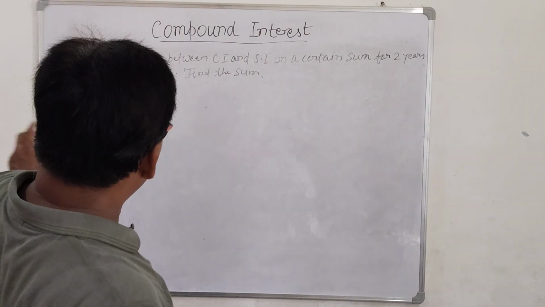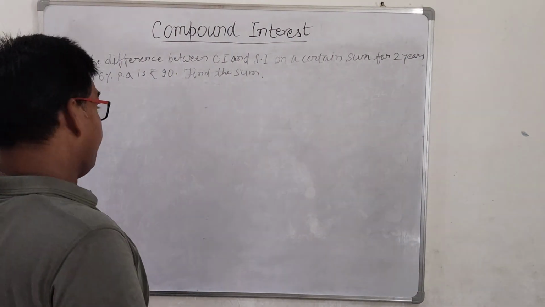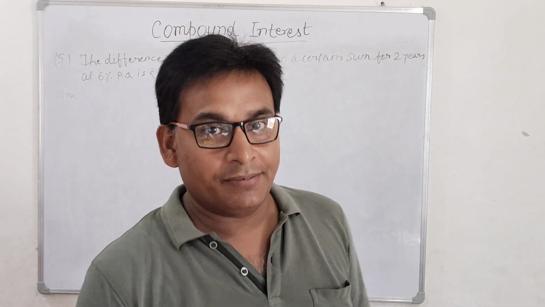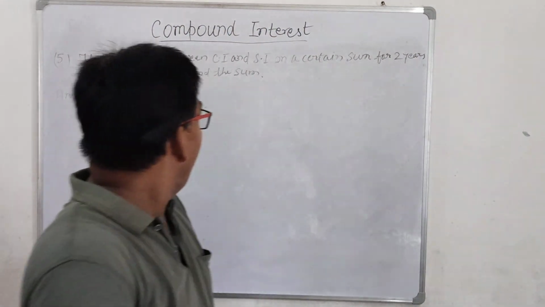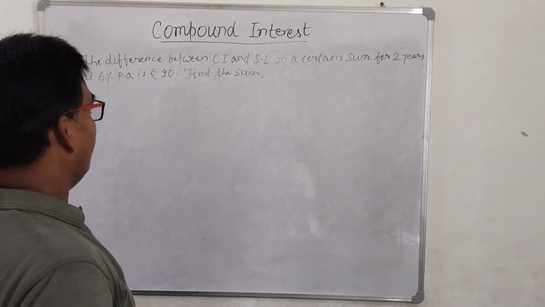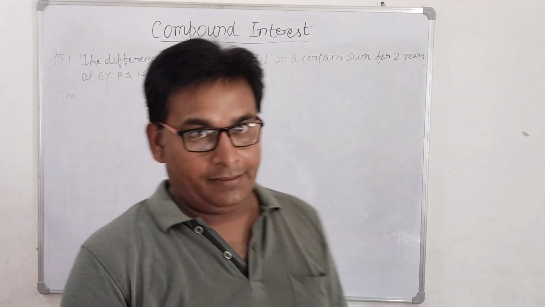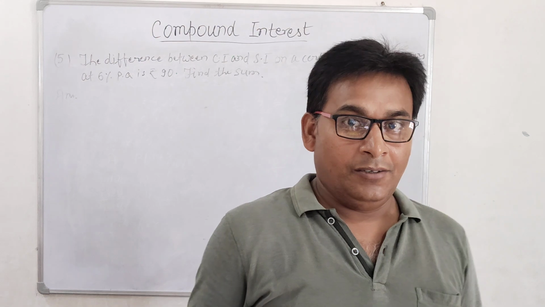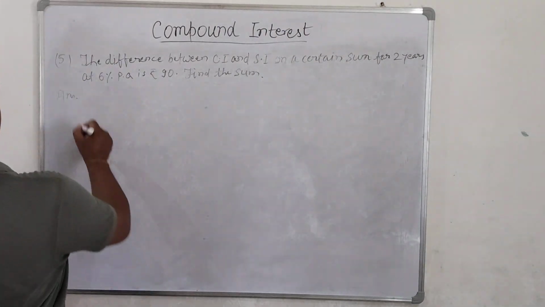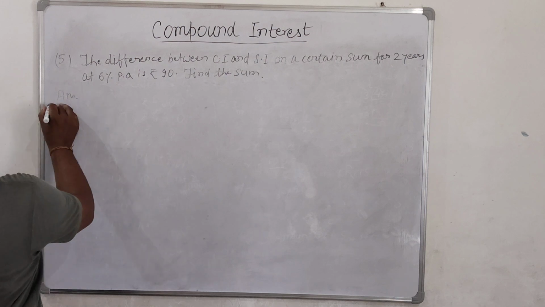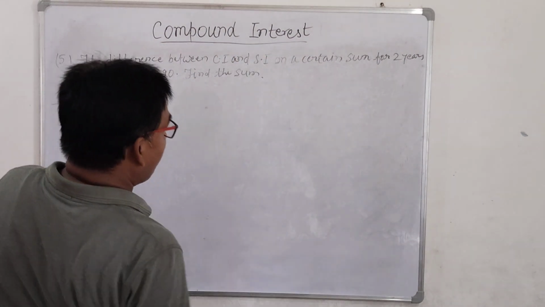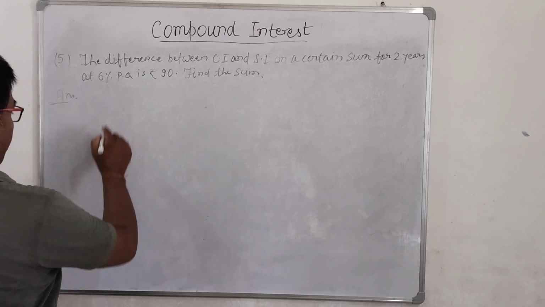And here in this question, the principal and the amount are not given. So we'll have to let the principal amount. The solution of this question is, first of all we will have to assume the principal amount.